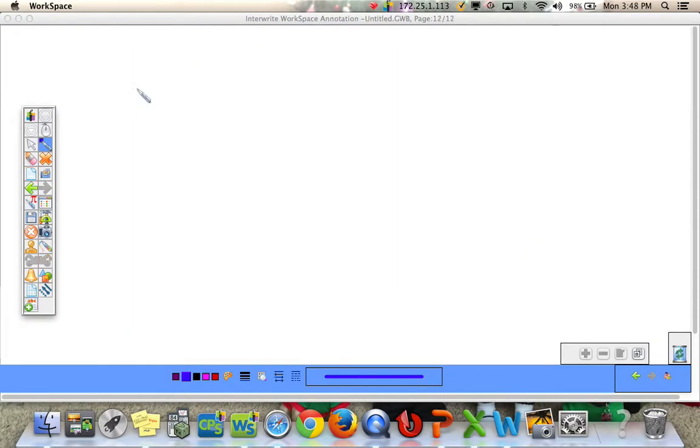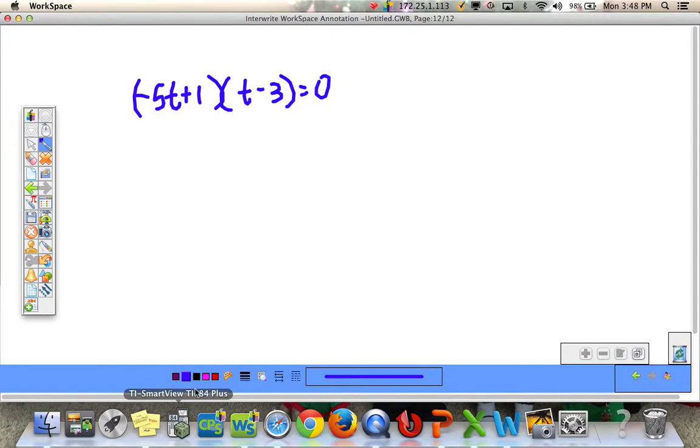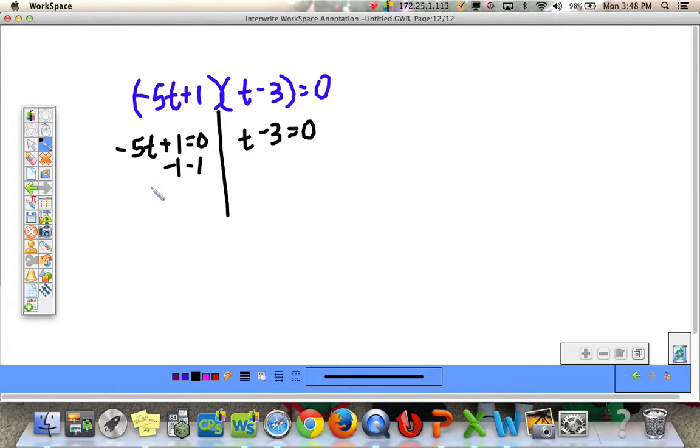I'm going to write this on a new page. Okay, here's the factored form. We can actually solve this. So this one, subtract 1 from each side.